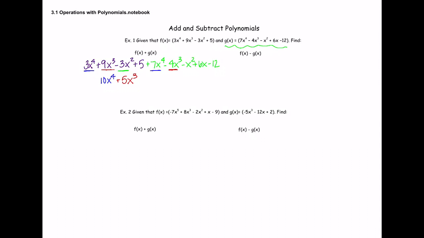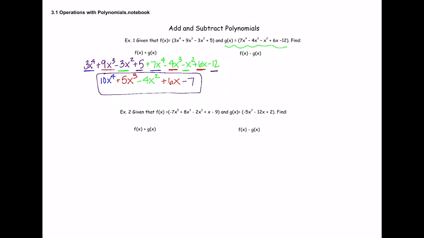Negative 3x squared minus one more x squared gives us negative 4x squared. 6x, there's nothing else like 6x, so we have plus 6x. When we look at our constants, 5 plus negative 12 gives us negative 7. You can see that we wrote it in descending order, and we just found the sum of these two polynomials.